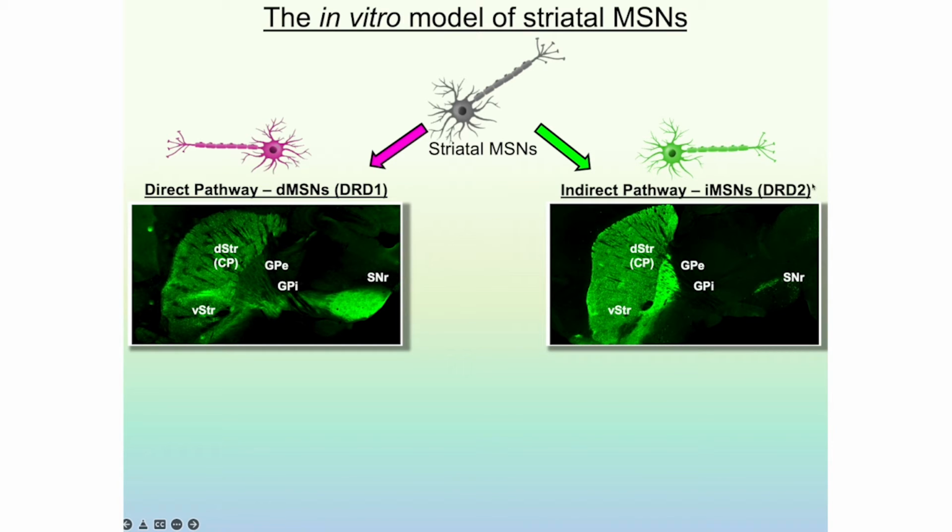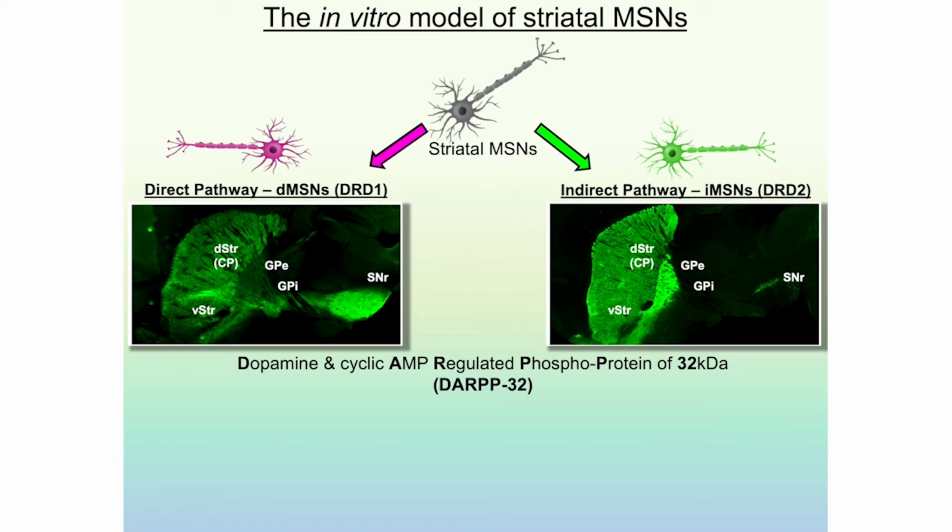They express dopamine receptor 2 and they indirectly innervate the internal segment of the globus pallidus through passing the external segment. So all the projections of those neurons already end in the external segment of the globus pallidus. And both subpopulations have in common the expression of dopamine and cyclic AMP regulated phosphoprotein of 32 kilodalton, simply called DARPP-32. So this is a common marker to identify both types of medium spiny neurons.